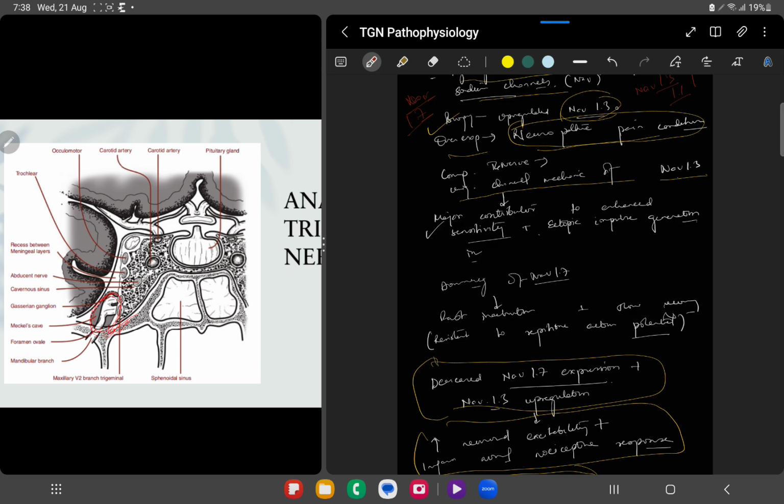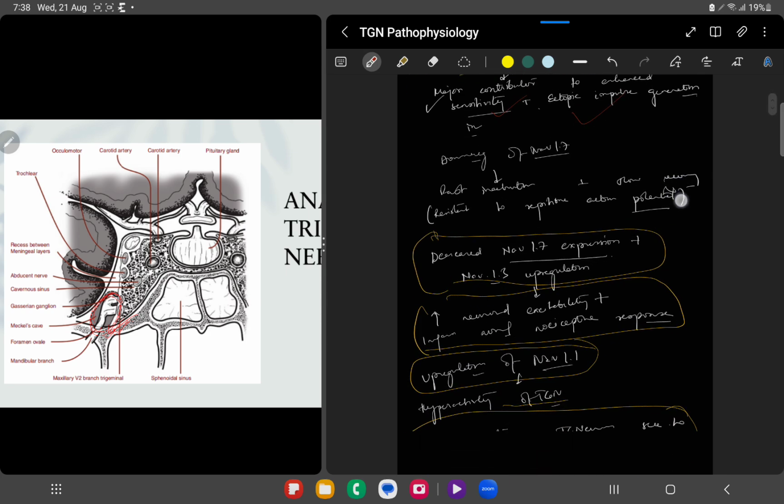when there is upregulation of voltage gated sodium channel 1.3, there is neuropathic pain conduction, and this is a distinct mechanism that makes a major contribution to enhanced sensitivity and ectopic impulse generation.